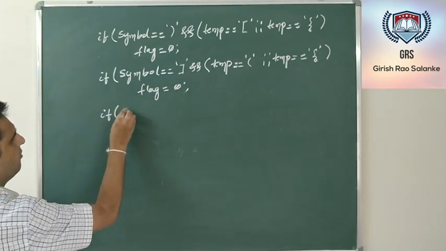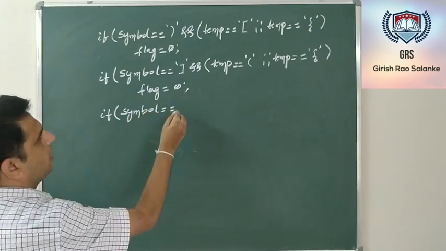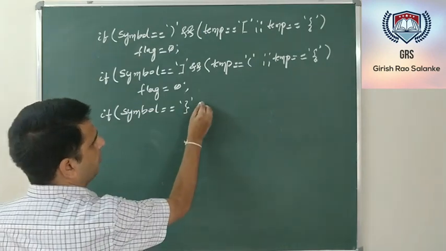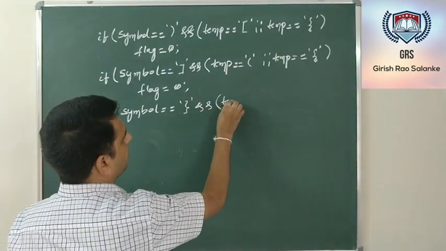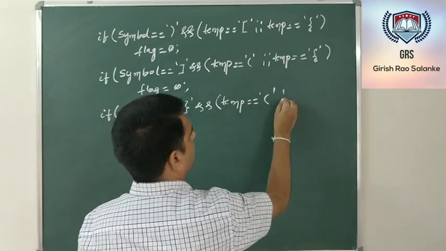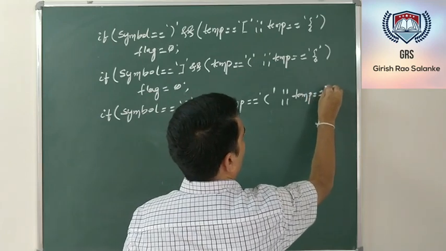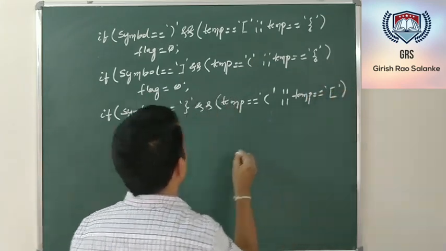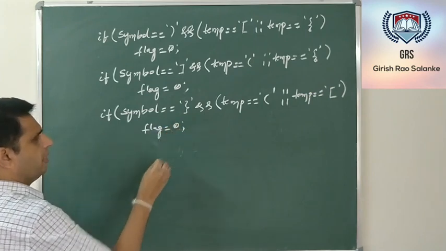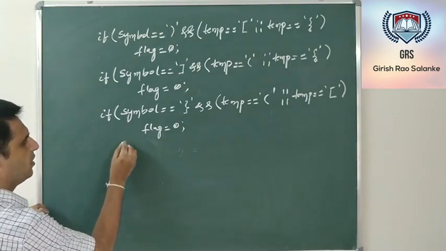The other case, if the symbol is equal to a right flower bracket, but the popped element is a left parenthesis or a left angle bracket, even in this case my flag is 0.